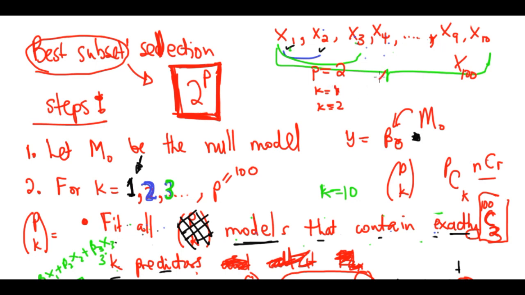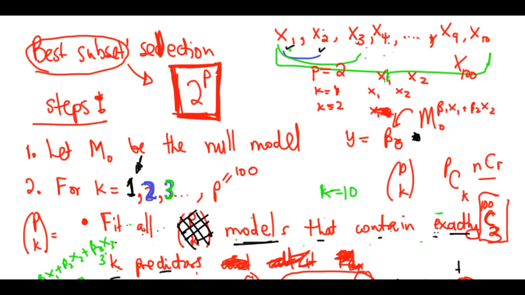So we have x1 and x2. When k equal to 1, we have a model that just has x1 and a model that just has x2. For k equal to 2, it is going to be beta 1 x1 plus beta 2 x2.